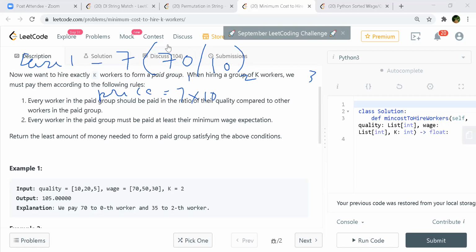And in the second, it will be 7 multiplied by 20, correct? And then this will be 7 multiplied by 5. So these are our prices. This will be 70 and this will be 140 and this will be 35.